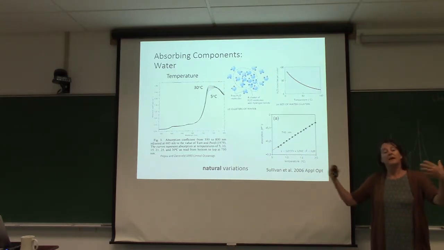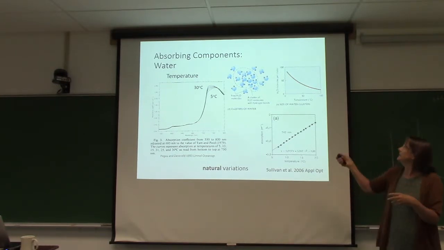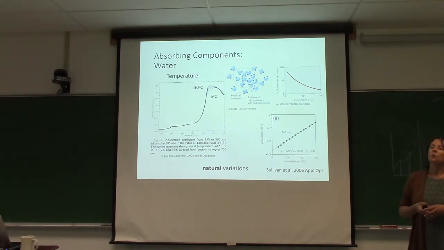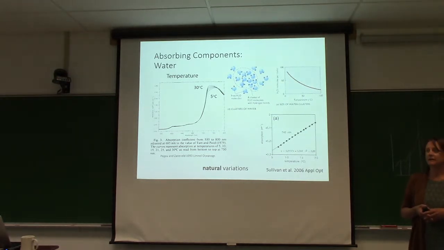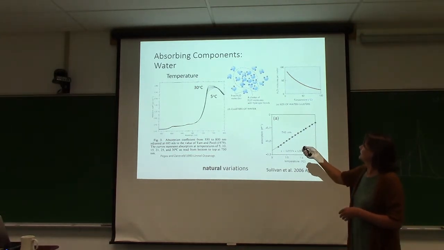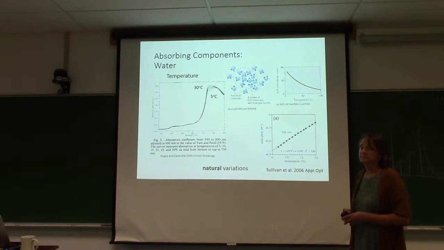When it's warm and they're vibrating, the size of those water clusters changes. So you'll see a change in the number of water molecules in a cluster as a function of temperature, which is also going to change its scattering properties, since you're getting scattering by large clusters versus small clusters.